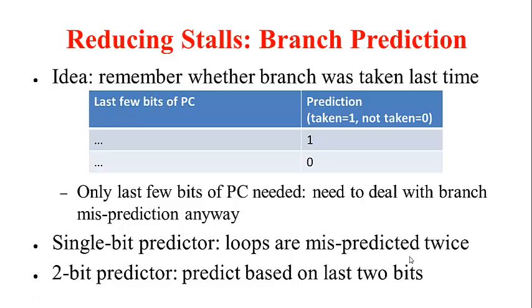Can you tell what the two mispredictions are going to be with respect to loops in the single bit branch predictor? A slightly more sophisticated version of the branch predictor is a 2-bit predictor, which remembers not just the previous instance whether or not the branch was taken, but remembers the previous two instances. Well, now can you think of any other way of doing branch prediction?